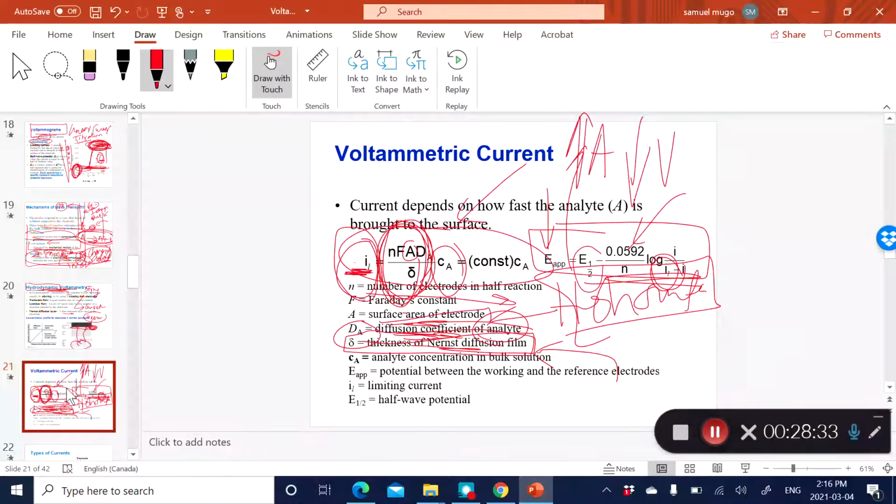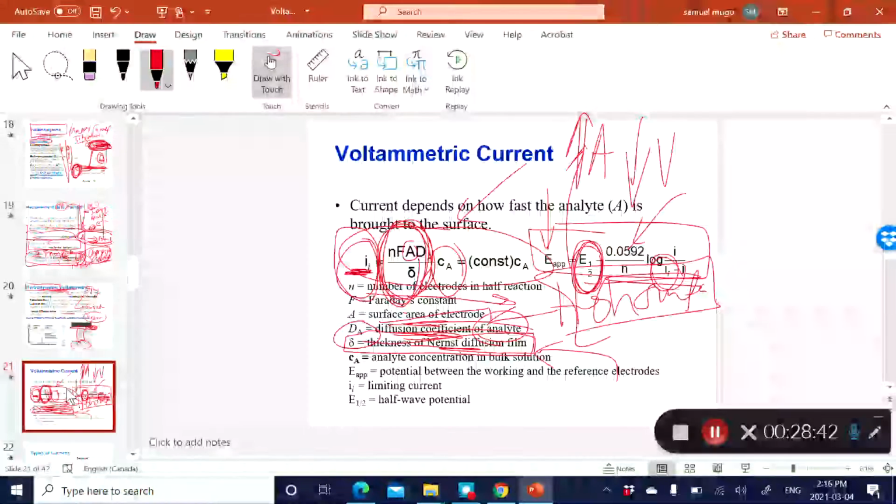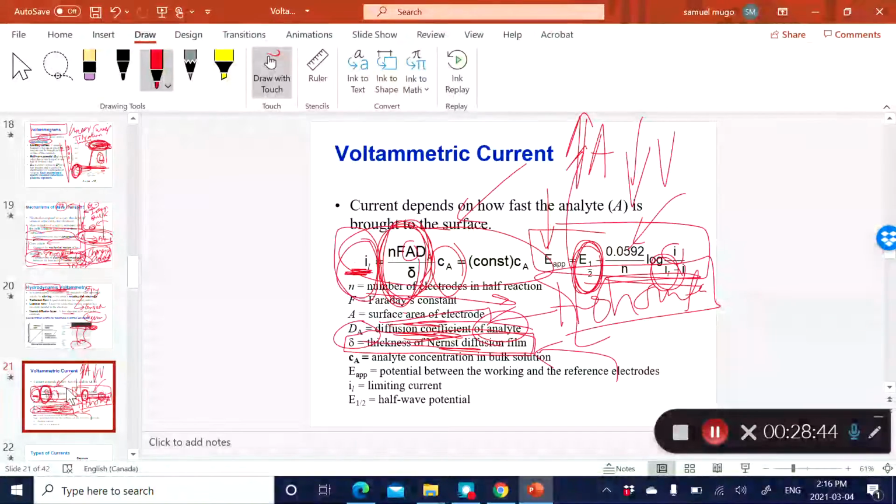You can see this is the standard electrode potential, the E half, and n, of course, is the number of electrons that are being transferred in the redox process. I is the current at each point as the voltage increases, and IL is the limiting current. So again, you can see the relationship between the Nernst equation to some extent and voltammetry. And so you can see the intersect right there.